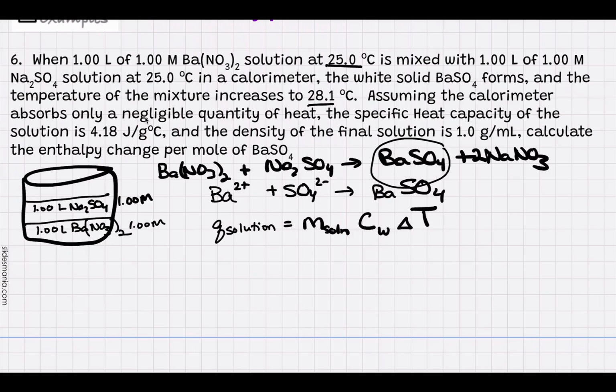So the mass of the solution, I know my total volume is 2 liters. And I know that there's 1,000 mL in a liter. And I know the density of water is 1 gram per milliliter. So I really have 2,000 grams of solution.